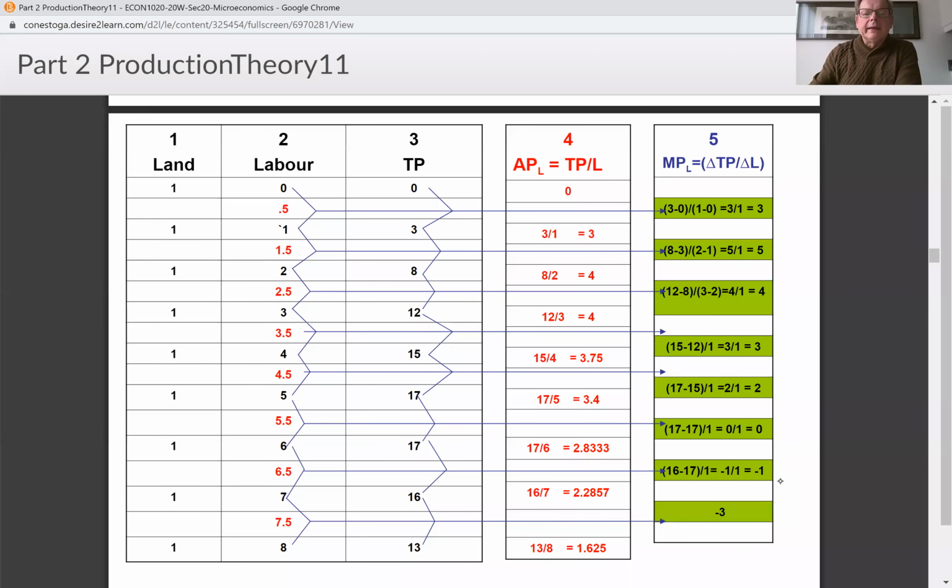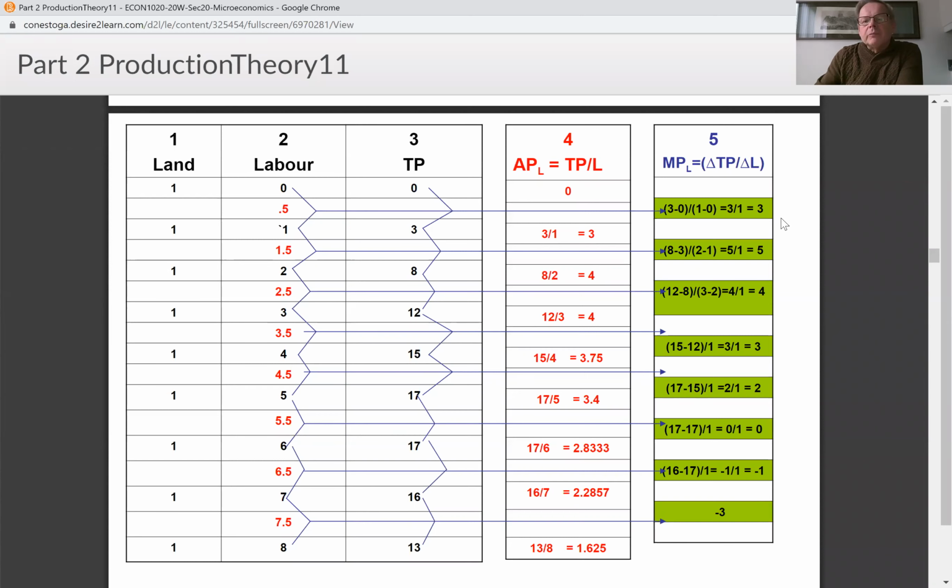So we're back again. Right here, where the marginal product of labor at 5.5 employees is zero, that tells us once again that that's the ideal number of employees that this company should have, 5.5.